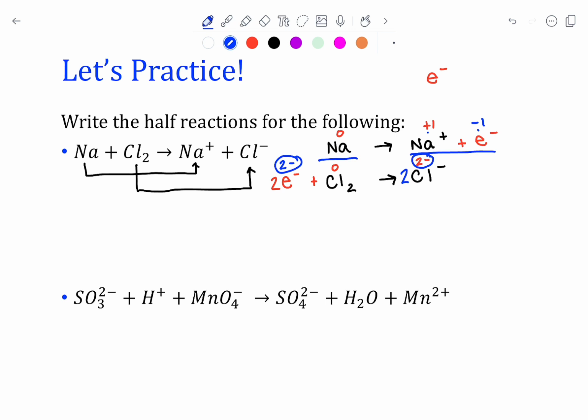Remember, charge balance does not always mean 0 on either side of the reaction. Since in our redox reactions we can only add in electrons to our half reaction, that may mean that we either have to balance out a positive charge with an electron or balance out a negative charge with more electrons on the opposite side. So charge balance does not mean 0 on both sides, it just means the same charge on either side.